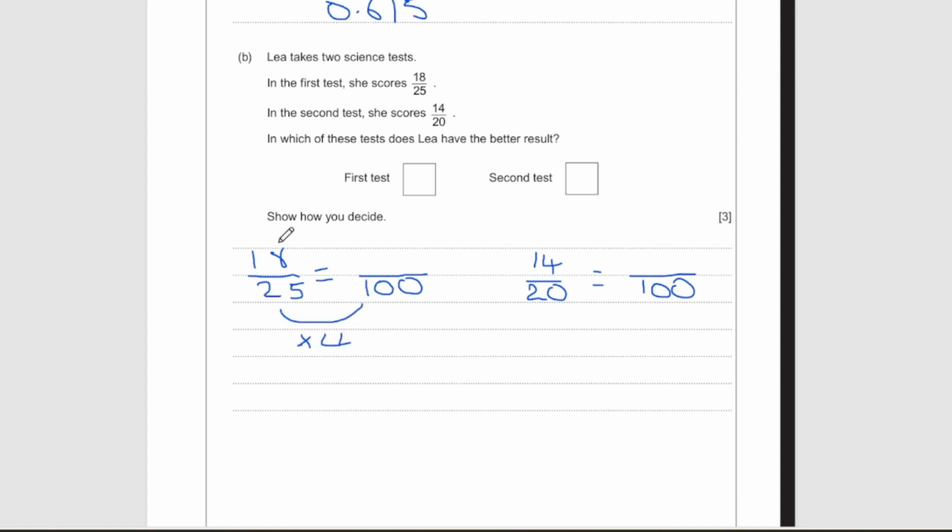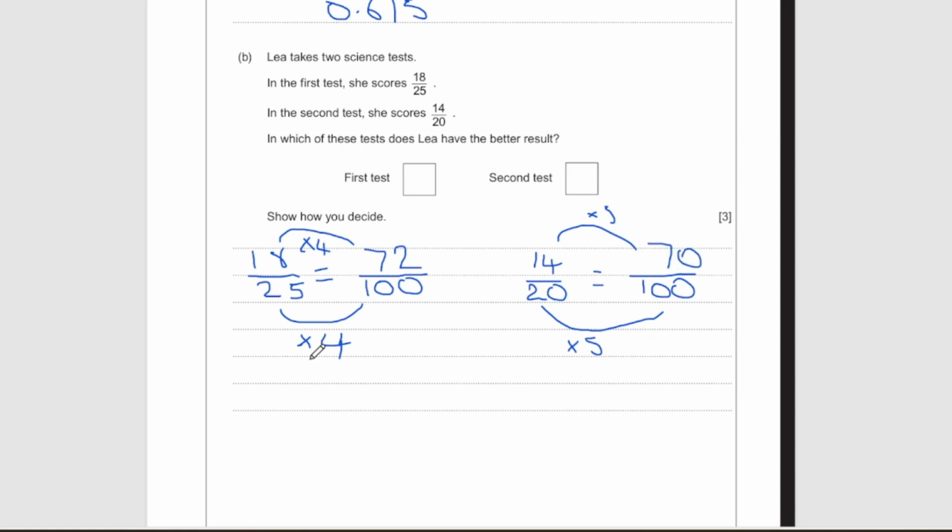So that means we've got to do 18 times 4. 18, 36, 72. And for the second, we times by 5. 20 times 5 equals 100. That means we've got to do 14 times 5, which is 70 out of 100.